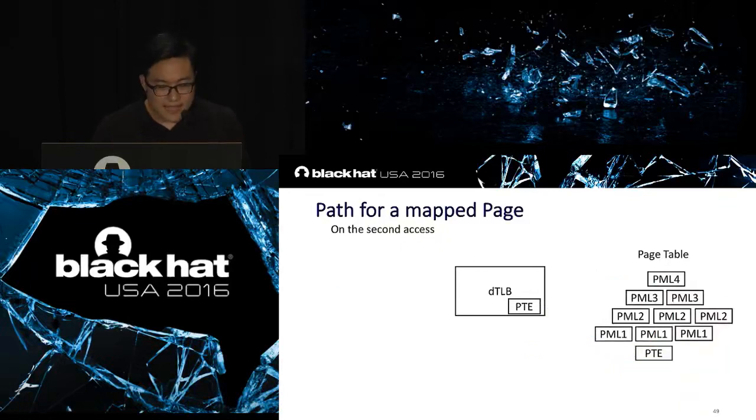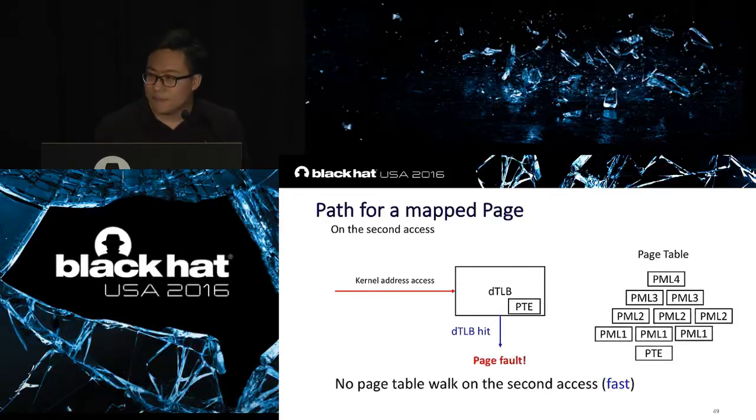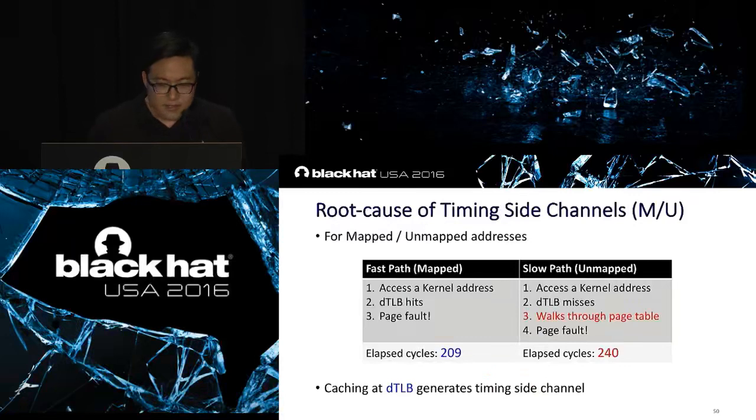On the subsequent access, the DTLB now hits and generates a page fault, so there is no page table walk on the second access, and it returns faster. In summary, the DTLB hit or miss determines whether the page table walk is required or not, and that generates a side channel. So it is always faster on mapped addresses when measuring the page fault.